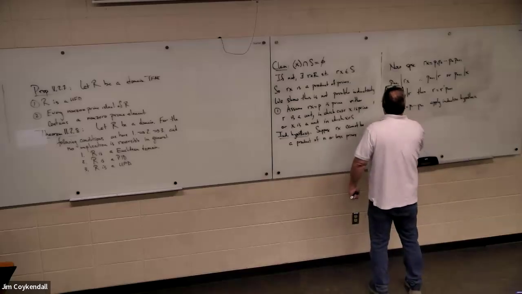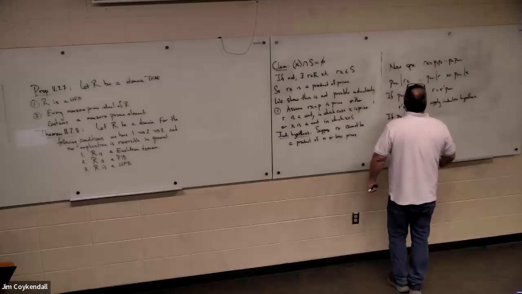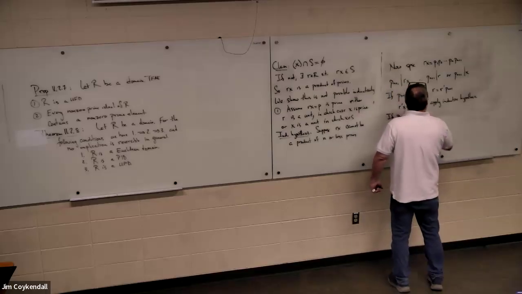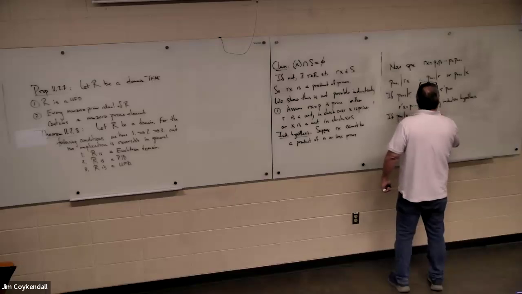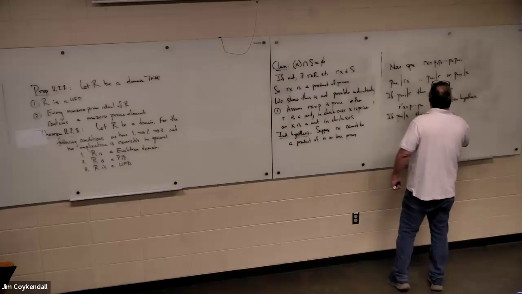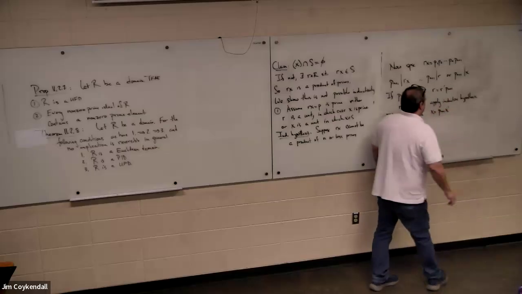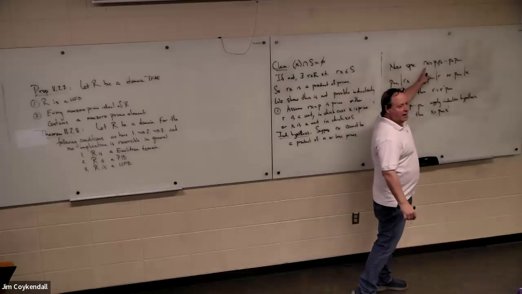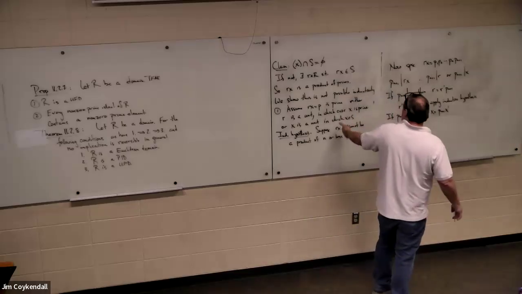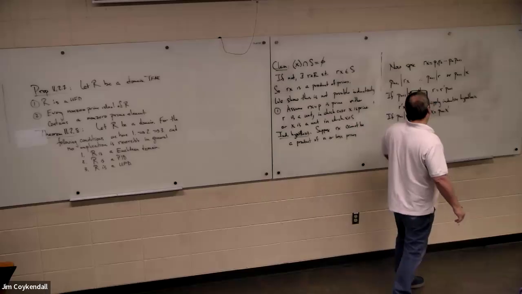And if P_{n+1} divides X, then X equals P_{n+1} times X'. And now do a similar argument, because now you have RX', but that's also something that doesn't intersect S, and it's the same.